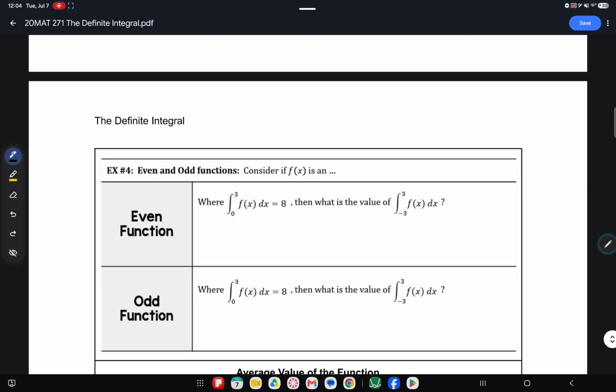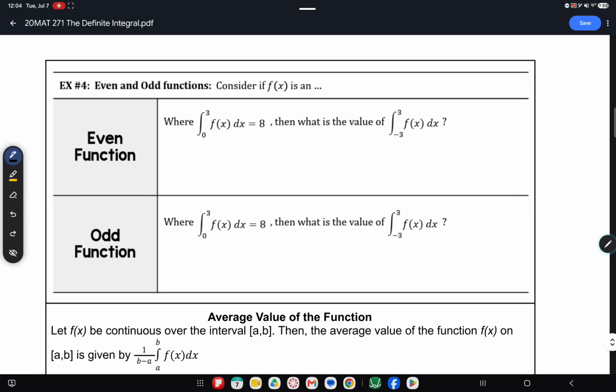Let's go a little further and talk about even and odd functions, because I think they have some properties that go with them. So, all right, we know the integral from 0 to 3 of f of x dx is 8. What would be the value from -3 to 3? So we have some function that from 0 to 3 is 8.